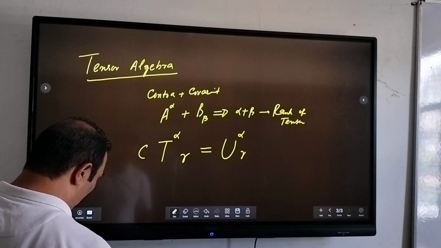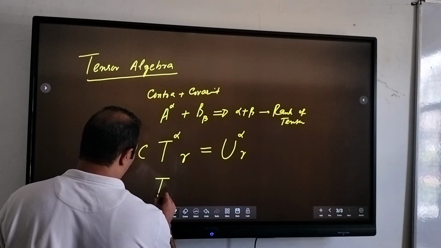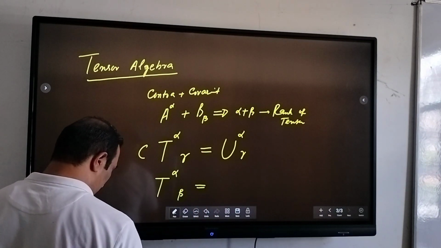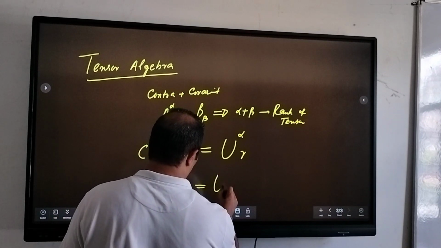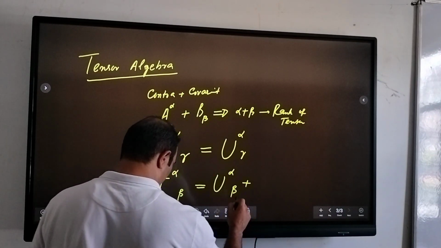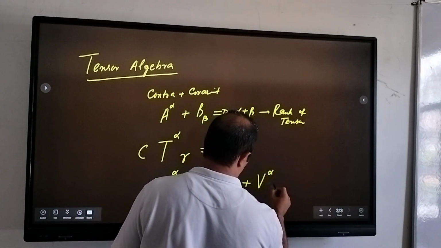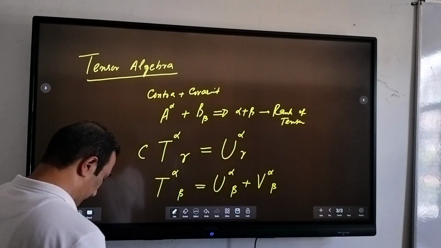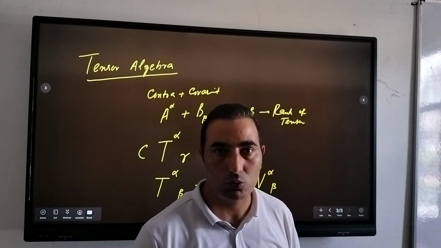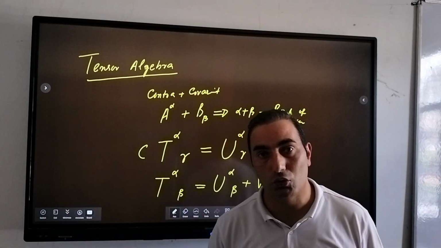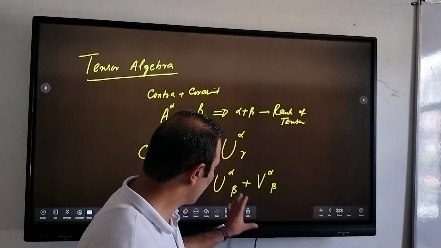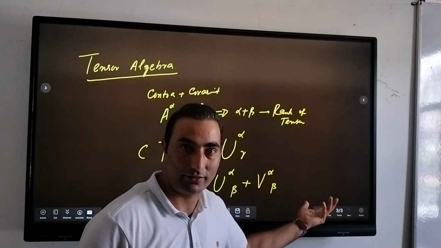And one more property is that if we have one more tensor of rank 2, alpha beta, we can rewrite this as a sum of two tensors having the same rank, because when you add them you get the same rank.